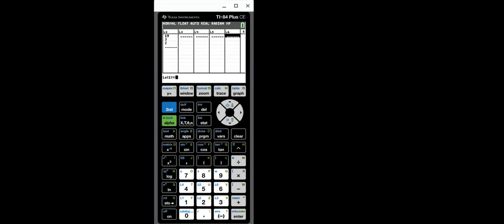Usually, on most calculators, if you scroll over, you'll see it, usually after L6, and that's where they store your residuals. If you have a lot of residuals to calculate, you can look at the residual list and find it.